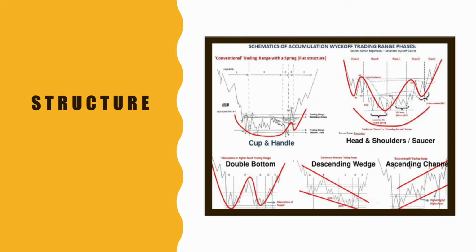Because it will not always be that easy. It is very probable that a distribution range will look like, at least at the beginning, an ascending wedge, and you will see a lot of descending wedges and downward sloping angles in an accumulation range.